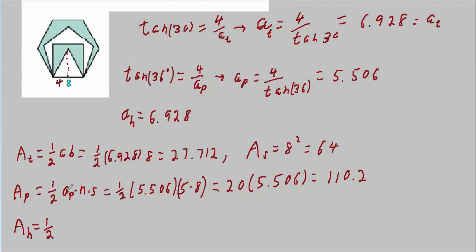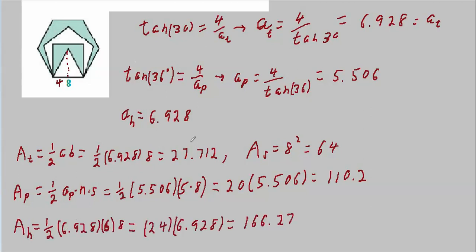That's 6.9. So, I went ahead and wrote those in. 6.928, that's A sub h, times 6. In this case, n is 6. We got a hexagon, and the side is still 8. So 6 times 8 is 48, divided by 2 is 24. We can write this out and then get this.